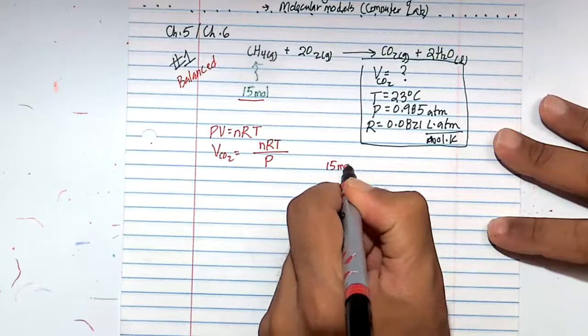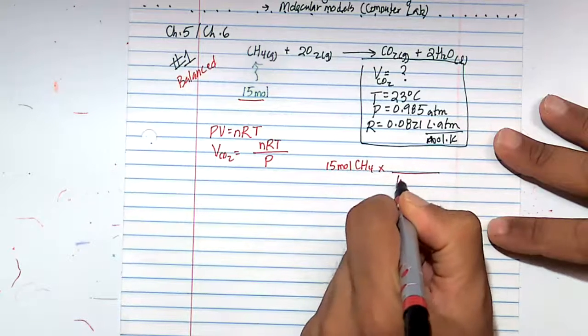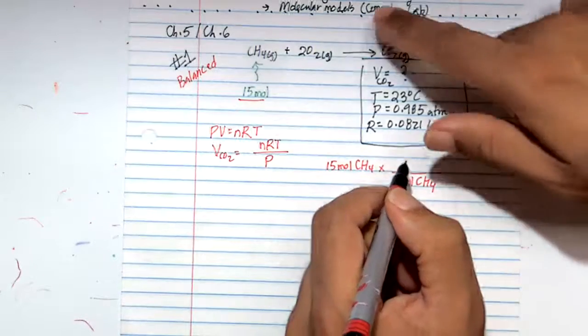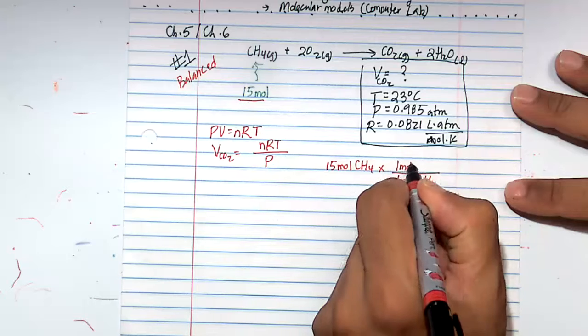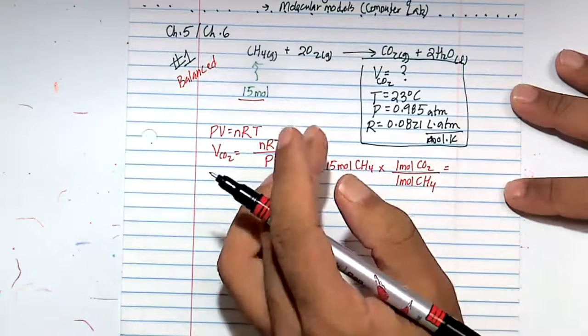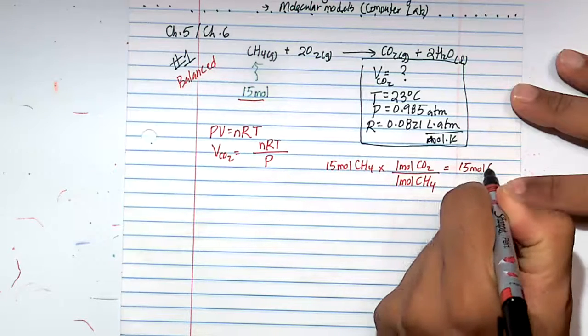And we know that we start out with 15 moles of CH4. For every 1 mole of CH4, it's balanced, right? Balanced, balanced, balanced. So for every 1 mole of CH4, there's 1 mole of CO2. I say that because the equation is balanced. And that will give us 15 moles of CO2.